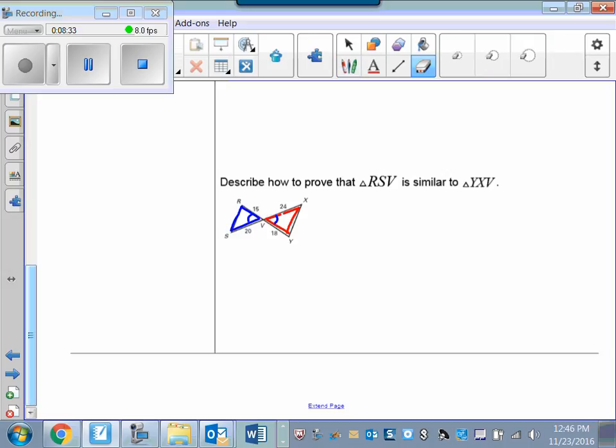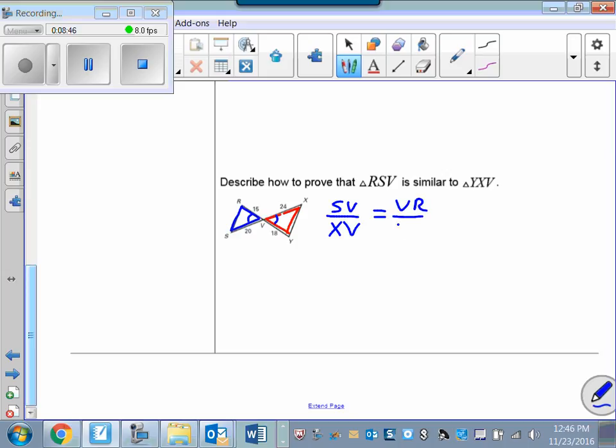Let's list our corresponding side ratios. So SV should be to XV as VR is to VY. So let's see if those two ratios are the same, and then we do know that we have similar triangles.